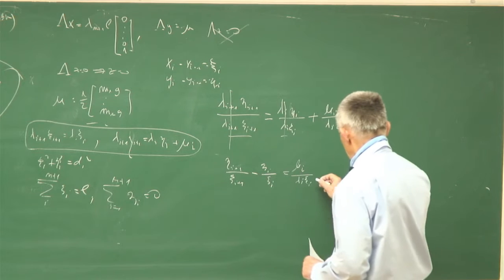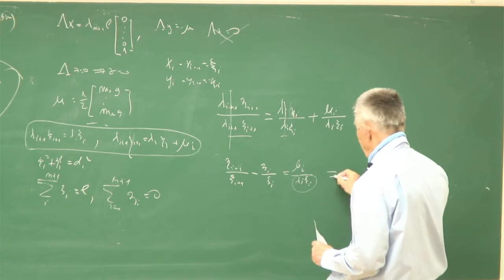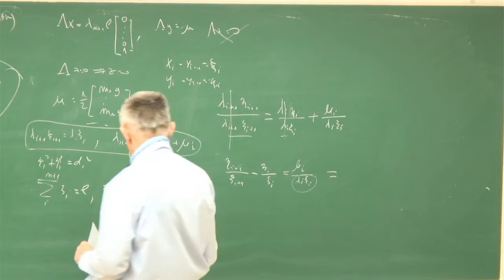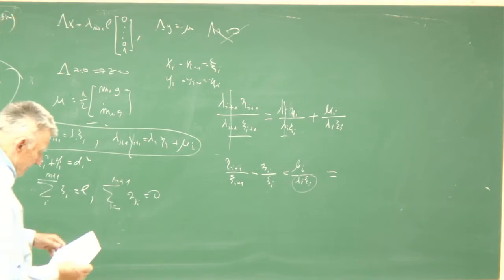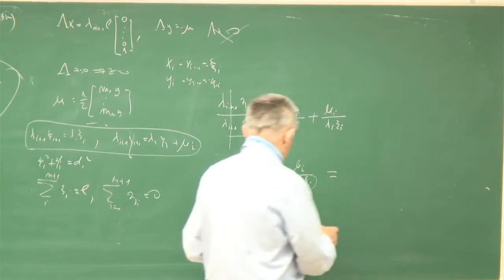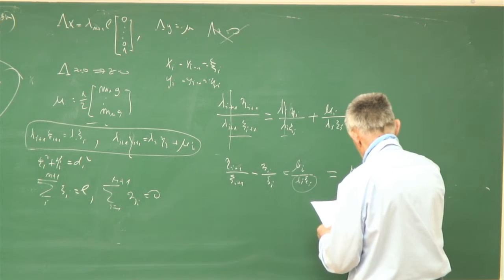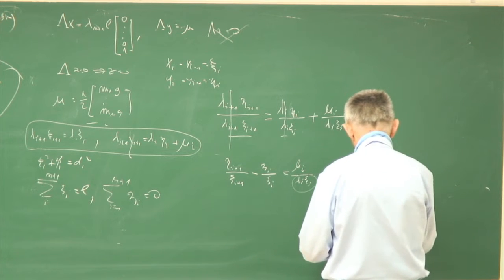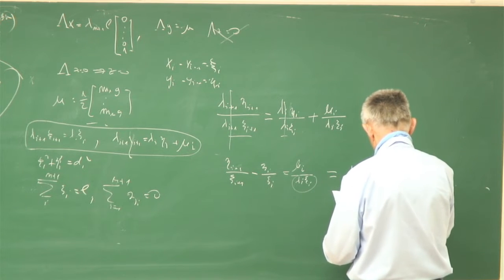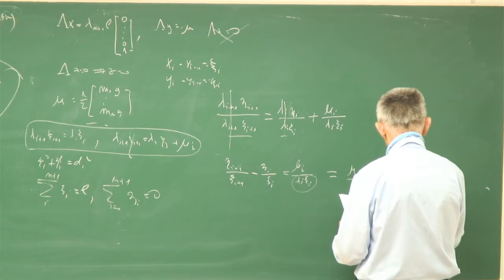And this now can be further computed using this. This is equal to mu i over L times the sum for k equal to 1 to n plus 1 of 1 over lambda k.